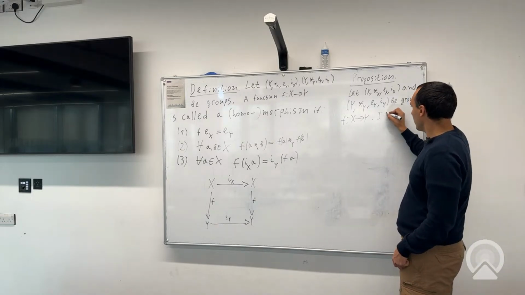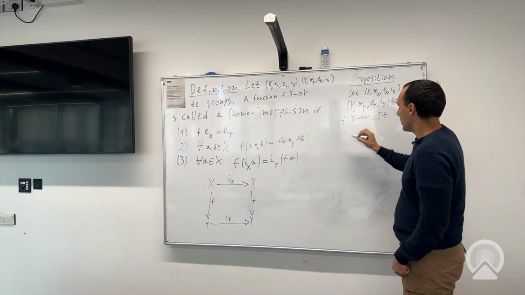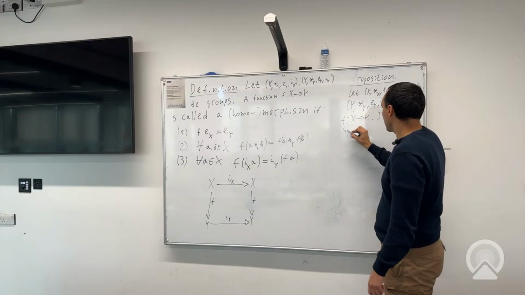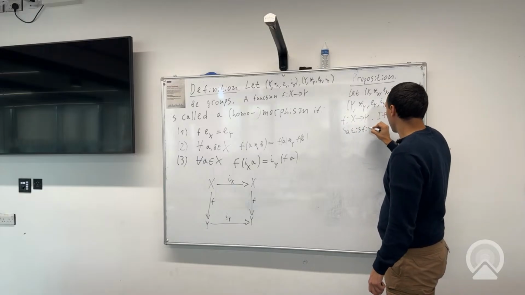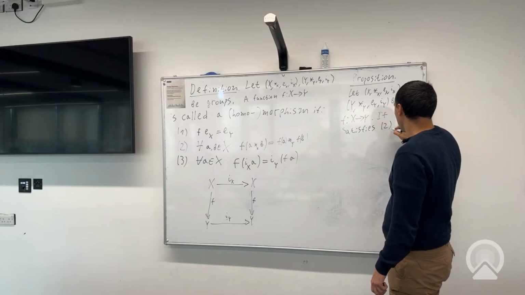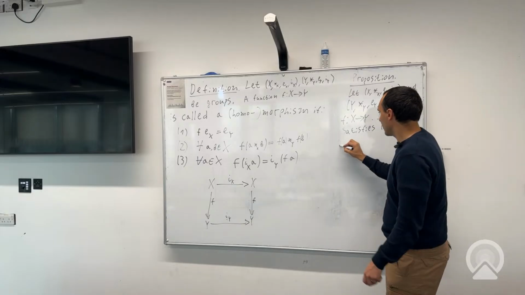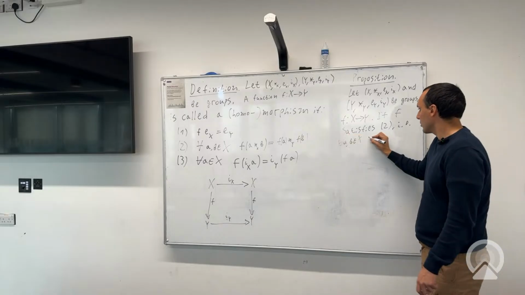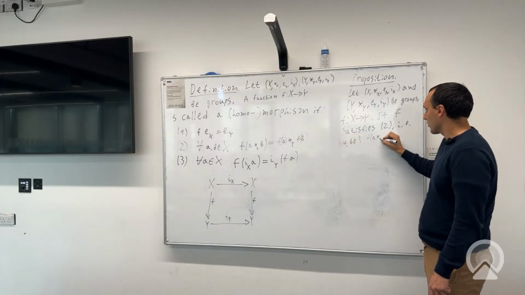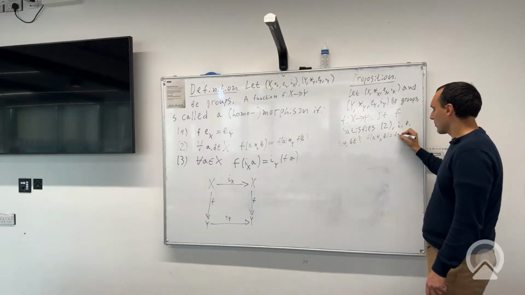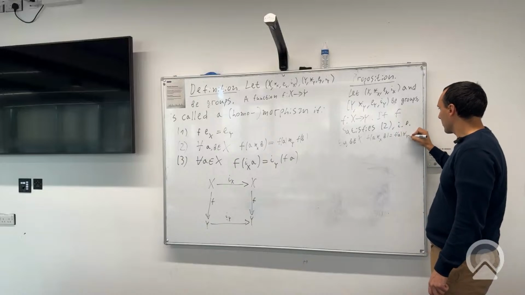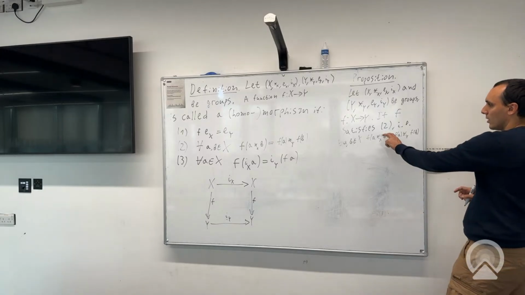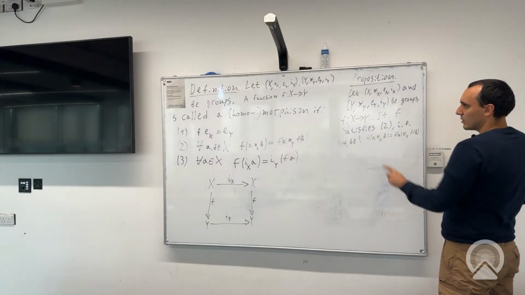If and only if f satisfies condition 2. So if f satisfies condition 2, then it's a homomorphism.